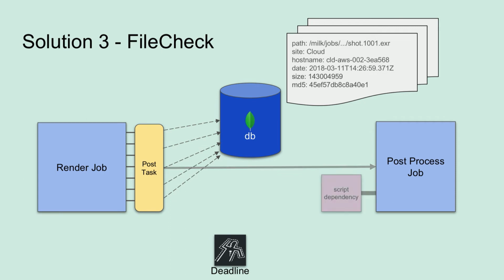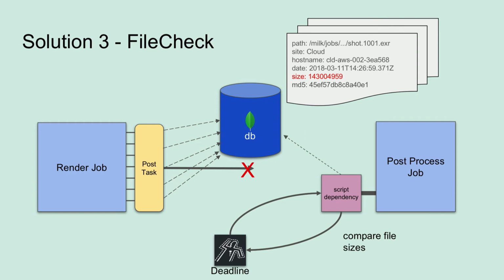Then we added a script dependency to the post-process job, which is a mechanism in Deadline that allows you to control exactly when jobs actually start. Deadline will constantly ask, can I release this job? Can I release this job? So you can control that.